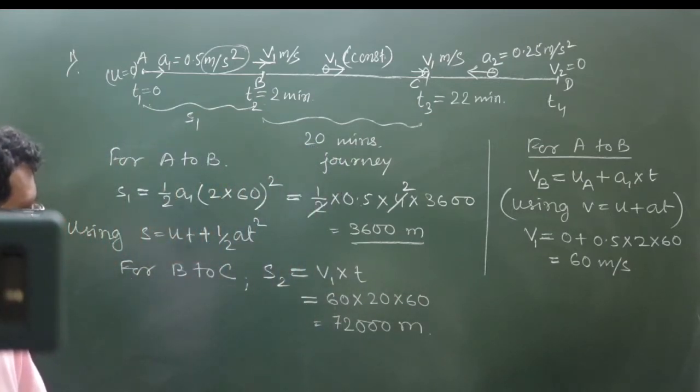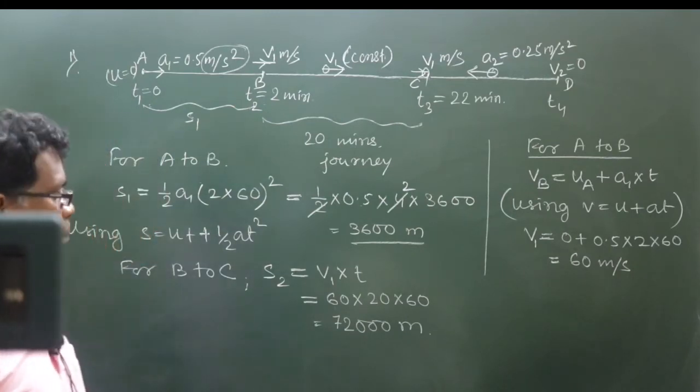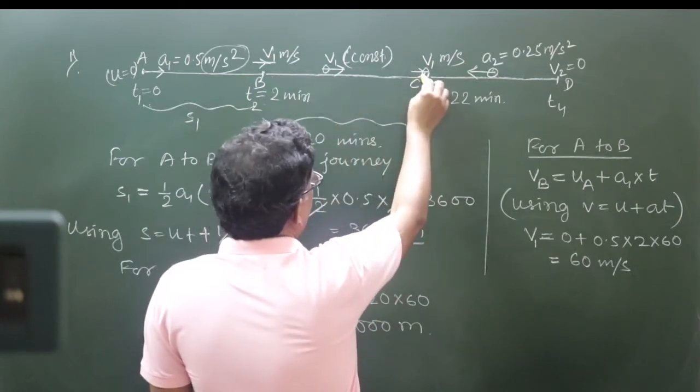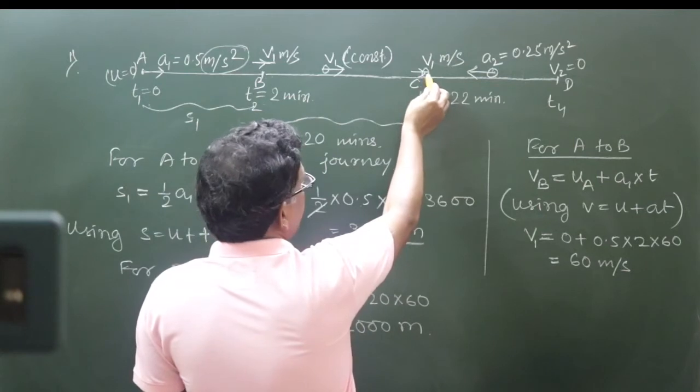So that means this time, at the speed of 60 meter per second, it is traveling 72,000 meter, that means 72 kilometer. Got my point? So the journey continued for 72 kilometer during the next 20 minutes, that is from B to C.